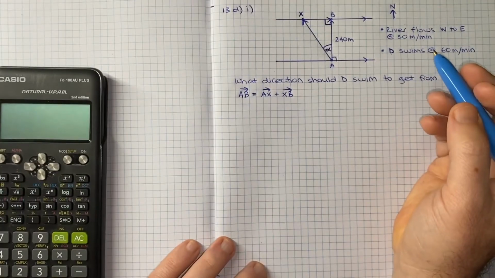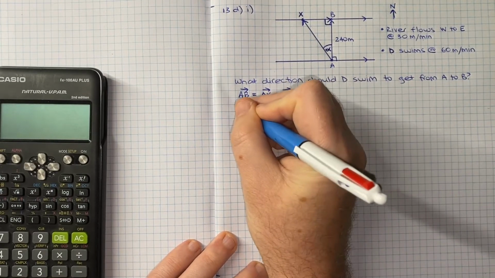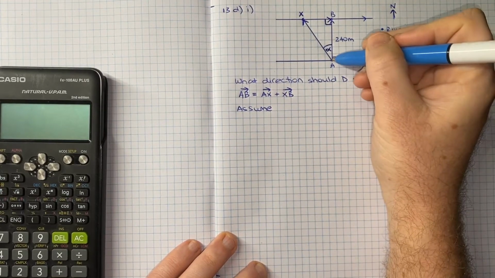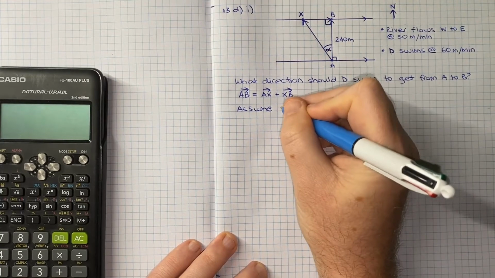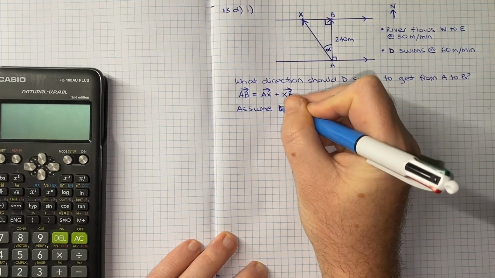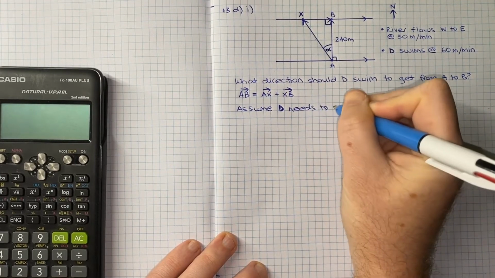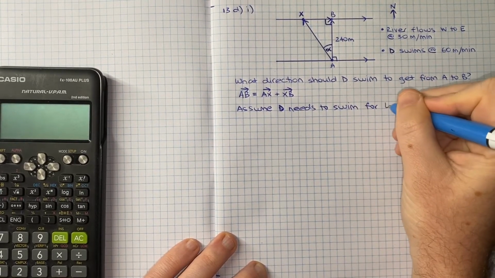So that's a sensible way to go. And I think to get there, first of all, we can assume that for D to get from A to B in this fashion, Danny, D, needs to swim for, let's call it T minutes.